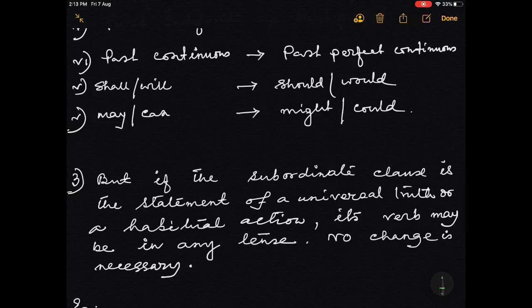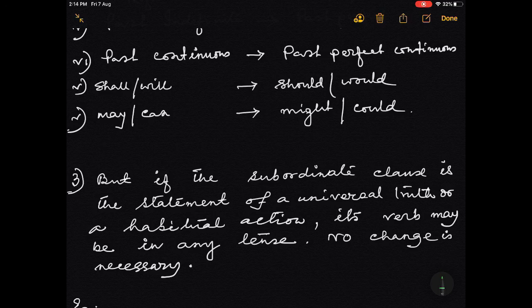But the third subsection under section 3 of the law of the sequence of tense is saying that if the subordinate clause is the expression of a universal truth or a habitual action, then its verb, that means the verb in the subordinate clause, may stay in any form, in any tense.